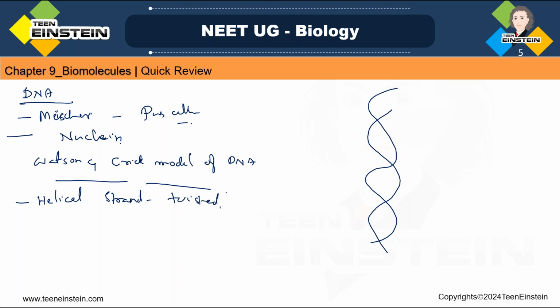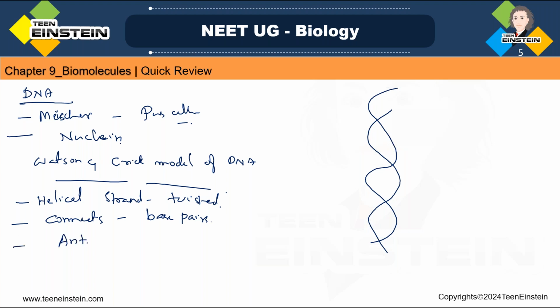Okay, and these are connected together by the nitrogenous base pairs. These both helical strands are connected with base pairs. And they align themselves in an anti-parallel or opposite direction.